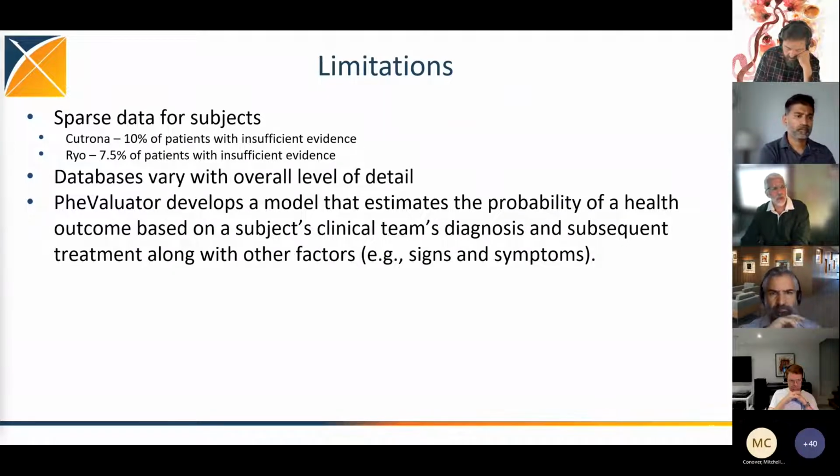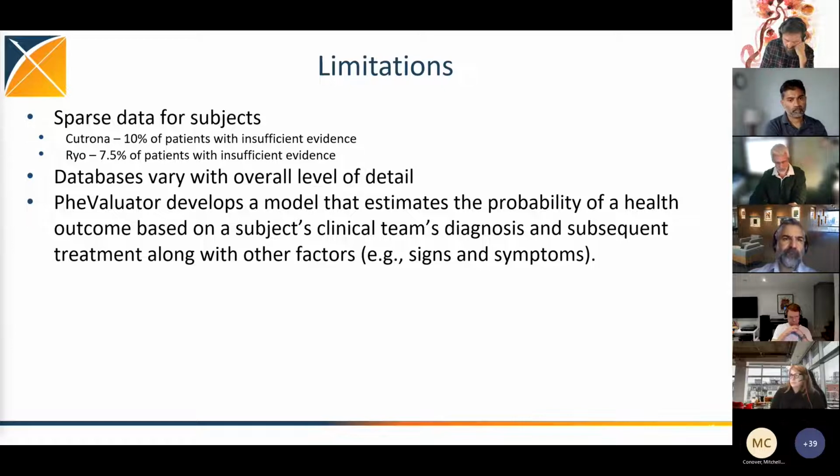What PheValuator is doing is estimating the probability based upon whether the subject's clinical team that they were working with, and what was put into the data set, whether the clinical team thinks that the person has the diagnosis and is subsequently treating them for it, along with things like signs and symptoms. What it's not giving you is whether the person actually had the heart attack or didn't have the heart attack, the absolute truth. What we're giving is the best estimate based upon the way the clinical team looked at it.